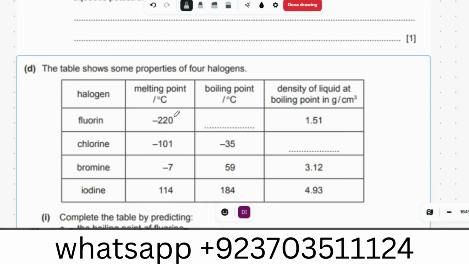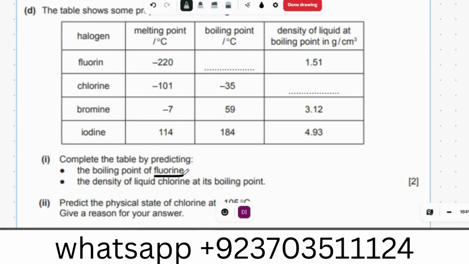So this table, complete the boiling point of fluorine. Fluorine boiling point should be minus 105, or anything less than minus 35. Okay, I am taking minus 105. That is correct.